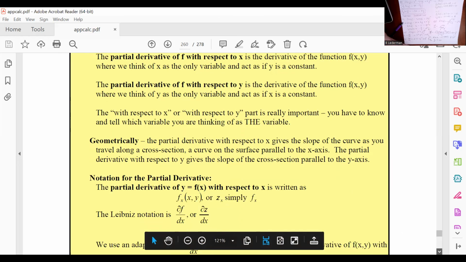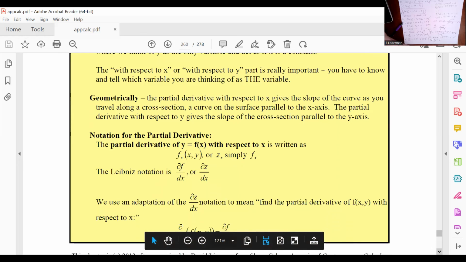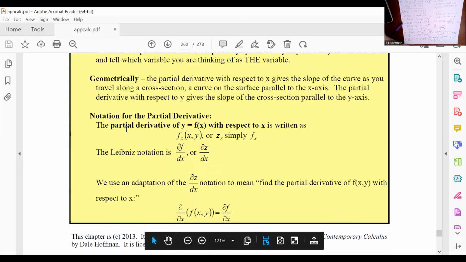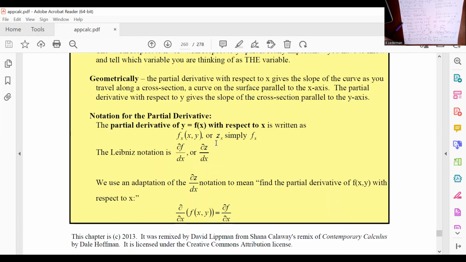That's pretty awesome. And the notation is, like we said before, that the partial derivative of z equals f of x, y is either written f sub x of x, y, or sometimes you write z sub x. I believe there is a mistake in the textbook on this line.